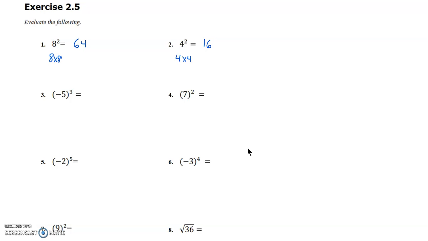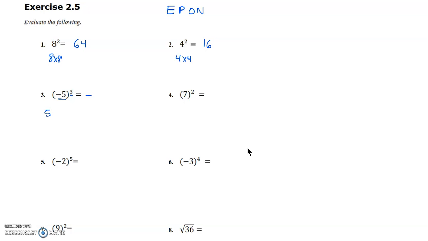For number 3, we have a negative 5 base with an odd exponent. So if we write EPON above, it can help us remember. So 3 is an odd number, so the answer will be negative.